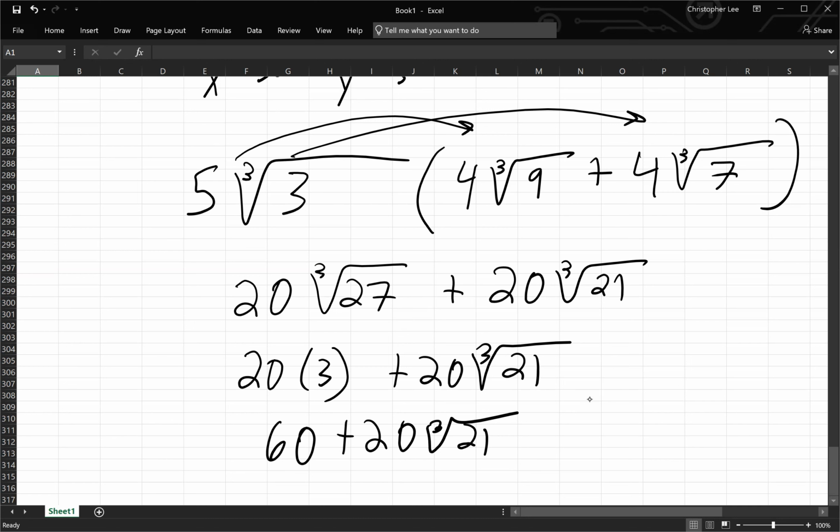No, 21 is just 7 times 3, so you can't do nothing with that. Because of the radical that's next to it, it's different. So just A, B, C, D, that thing.